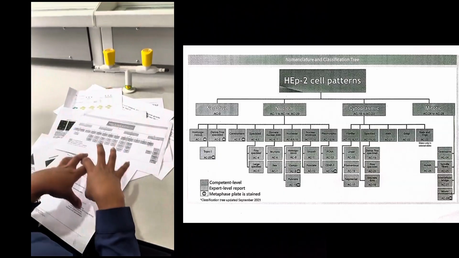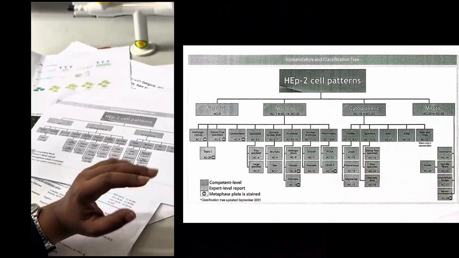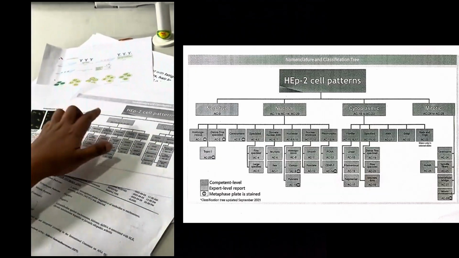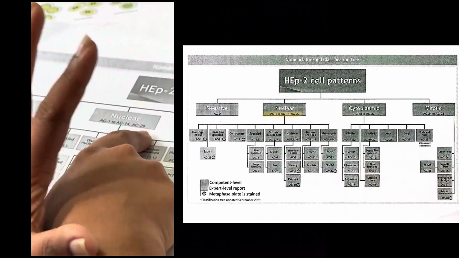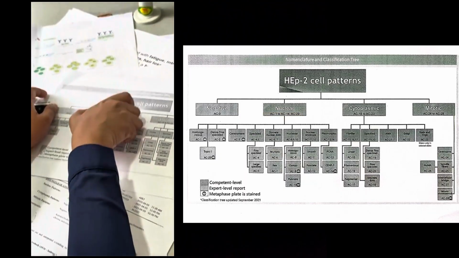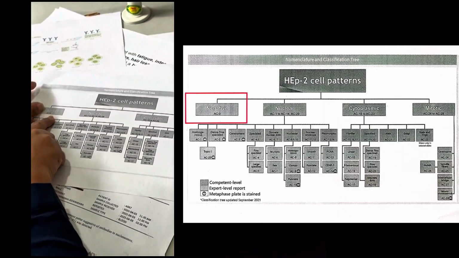We call this the ICAP nomenclature, the International Consensus on Antinuclear Antibody Patterns. They categorized it from AC1 to AC29, where AC is just the code they use. Negative ones are separately named AC0.